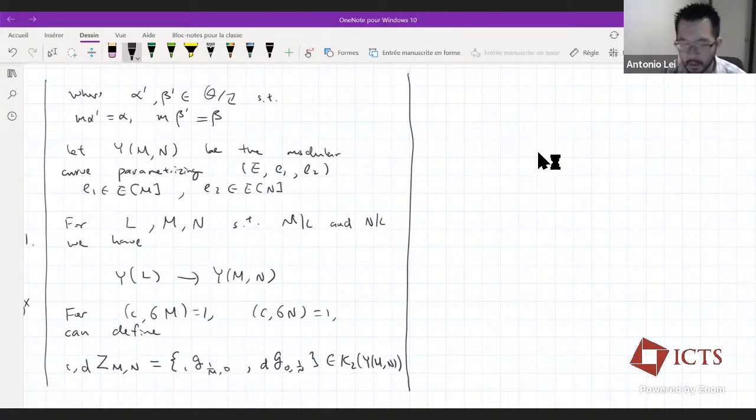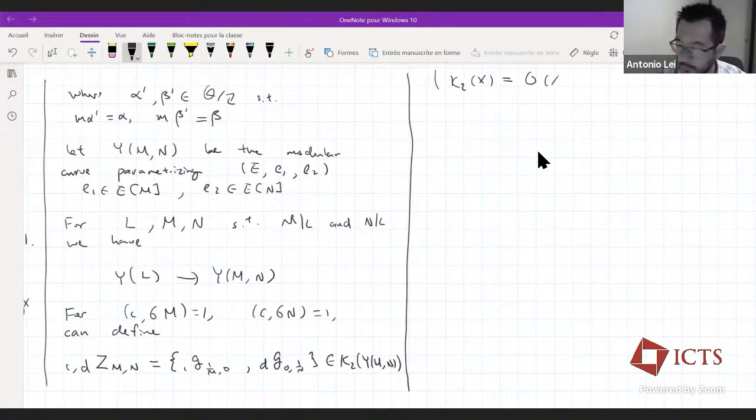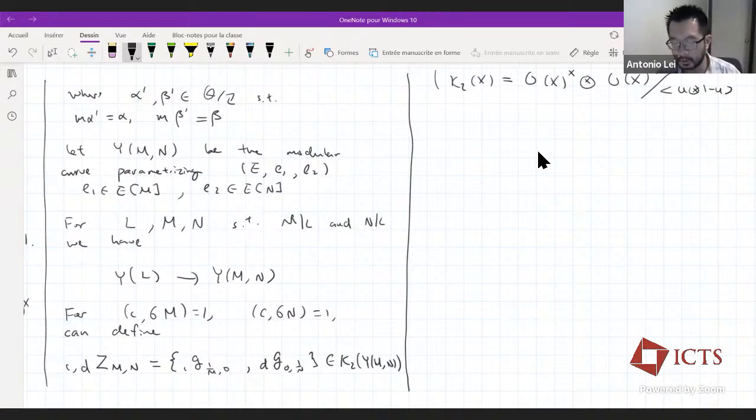So remember, the K2 of a curve is given by something like this: you want to have the tensor product of the units quotiented out by this relation. Because I have two units on the curve, that gives me an element in the K2 of this curve.